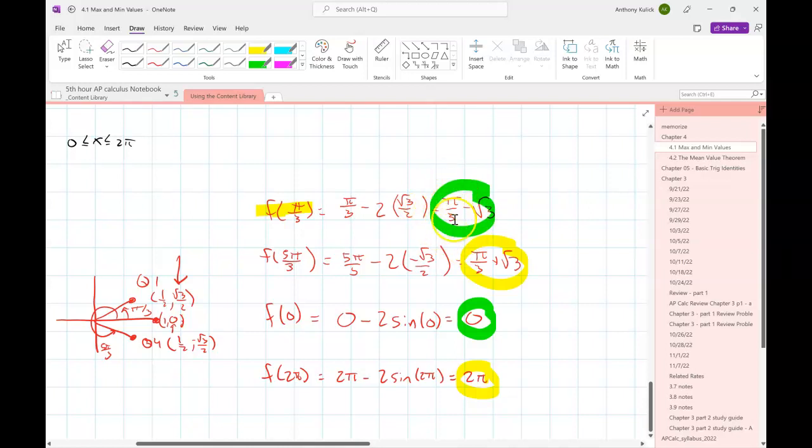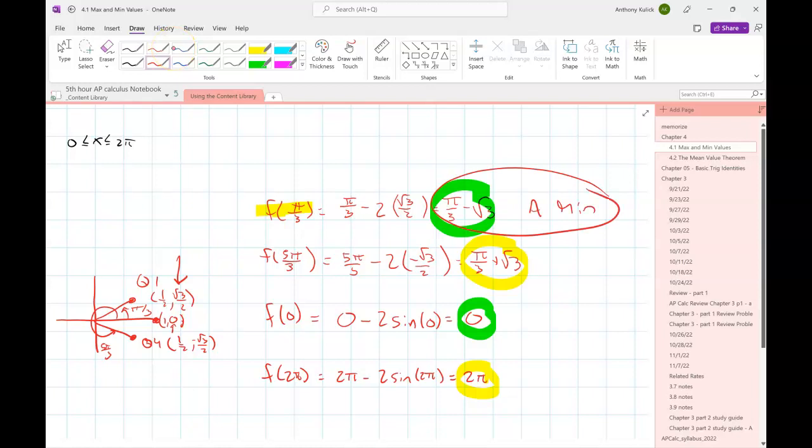So 1 minus 1.6 is going to be a negative number. So that one should be our absolute minimum. That one should be negative, so I know that's smaller than 0.